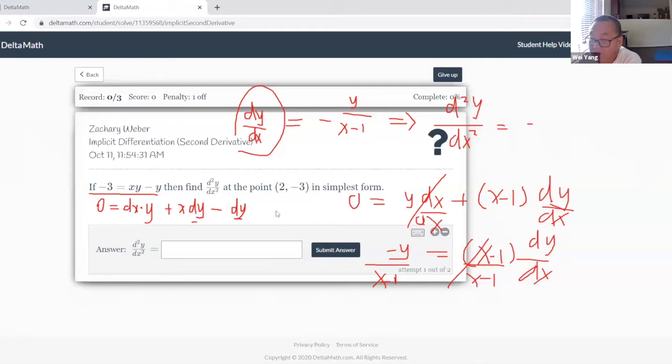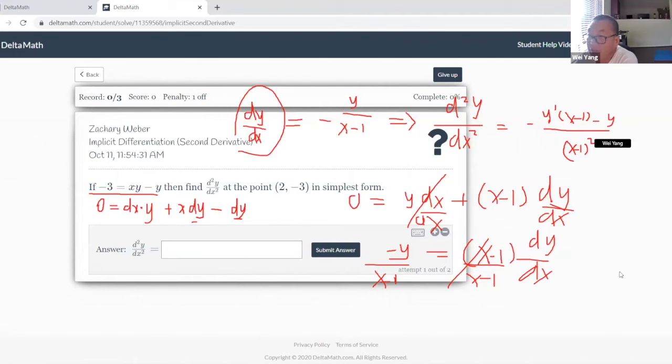But actually that will be the y derivative, times x minus 1. This is the derivative of the numerator times the denominator, then minus the numerator kept there, times the derivative of the denominator. The derivative of x minus 1, you get a 1. Then over x minus 1 squared.